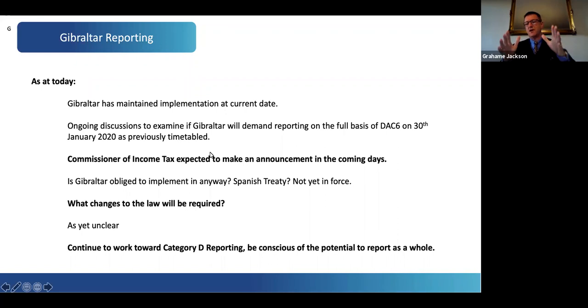Now, there are several different pressures on him and on Gibraltar as to whether they implement.